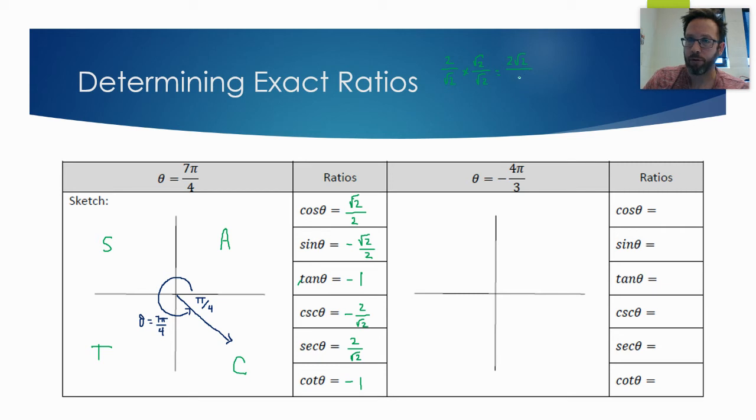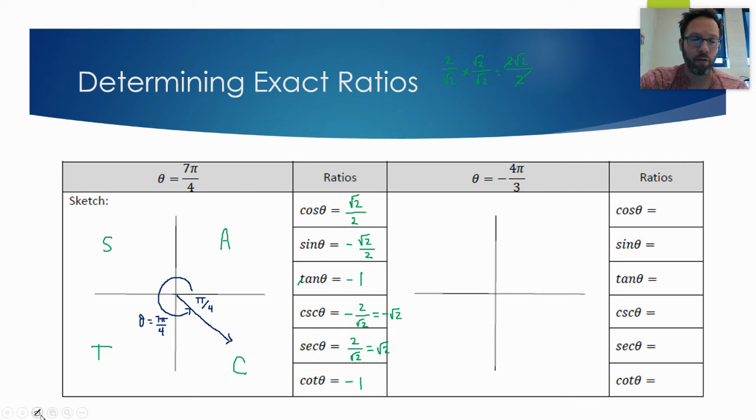Root 2 times root 2 is actually 2. And you can see that 2 divided by root 2 is actually just equal to root 2. So if you were doing this problem, I'd mark 2 over root 2, right? But it's actually just equal to root 2. And if you're looking up answers in a solutions manual, for example, you would probably see it simplified as root 2. Okay, let's do one more.